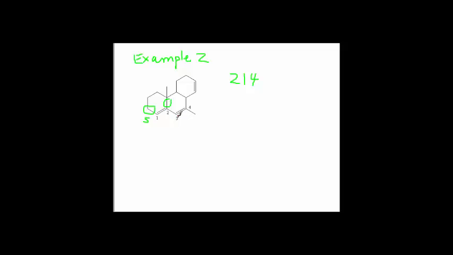Carbon 3, there is only a hydrogen. There's no alkyl substituents. Carbon 4 has 2 alkyl substituents, this methyl group and this ring residue. So there's 5 for the ring residue at number 2, 5 plus 5 for the 2 alkyl substituents at carbon 4. So the total is 5 plus 5 plus 5 plus 5, or 20 that we add.